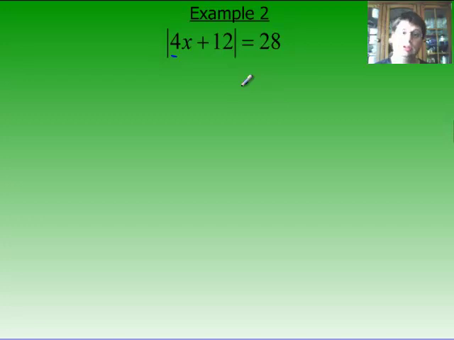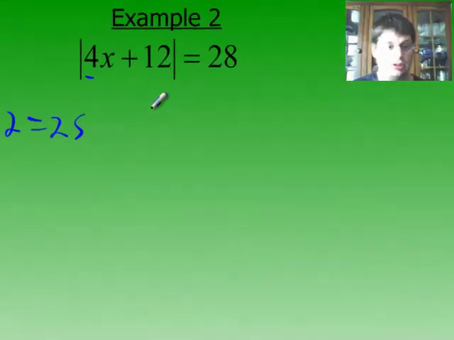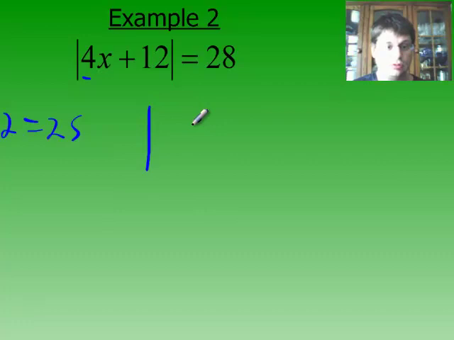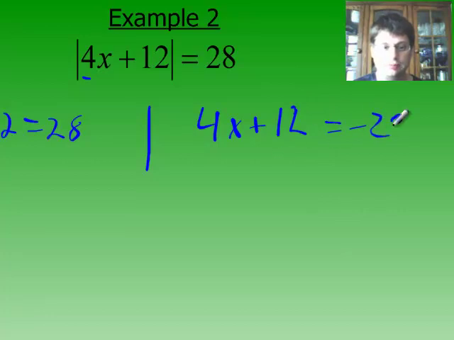So we'll rely strictly on the algebraic method because that's a lot easier to work with at this point. 4x plus 12 is equal to 28, and since we removed the absolute value sign, we're also going to have to put the negative version. We have to change the sign, equals negative 28.